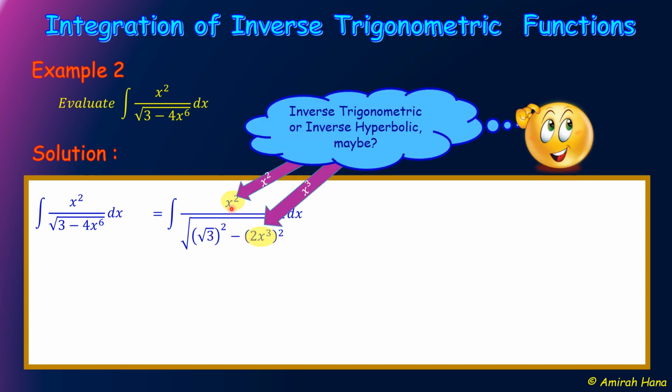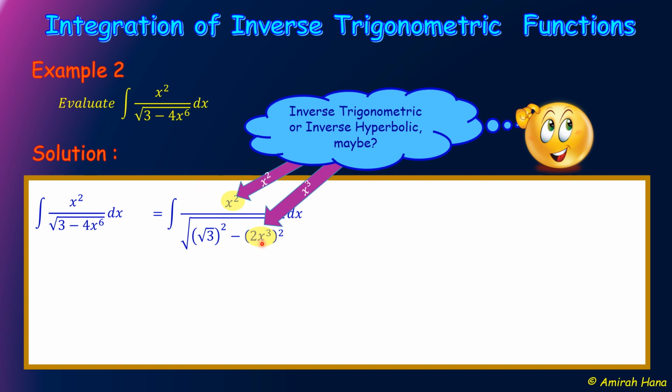The numerator has x squared and the denominator has a term containing x cubed, which means we can relate it with a derivative. If we can relate with a derivative, we can use u substitution when we integrate.